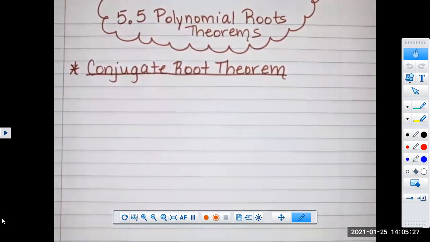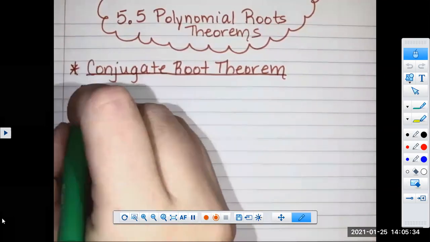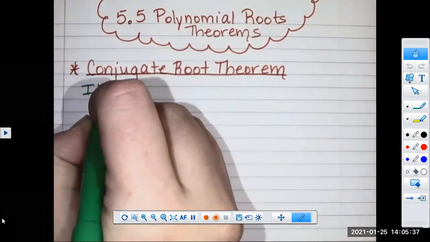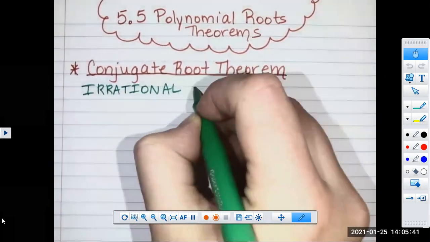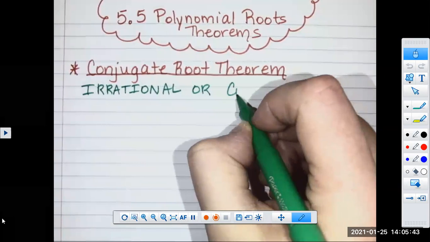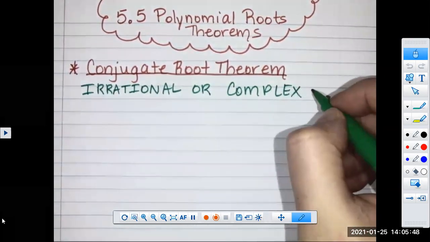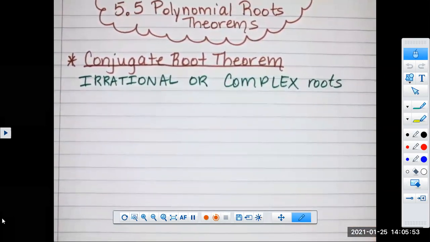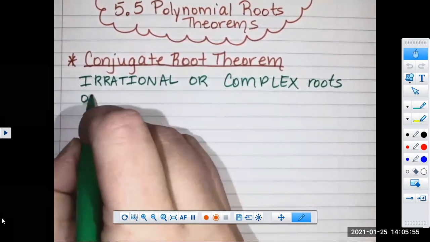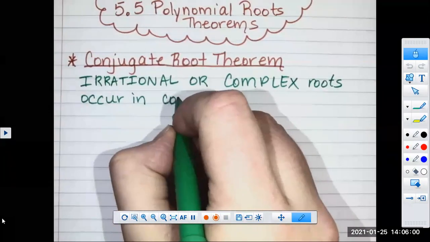Okay, this theorem says if you have either irrational or complex roots, irrational or complex roots, they occur in conjugate pairs.